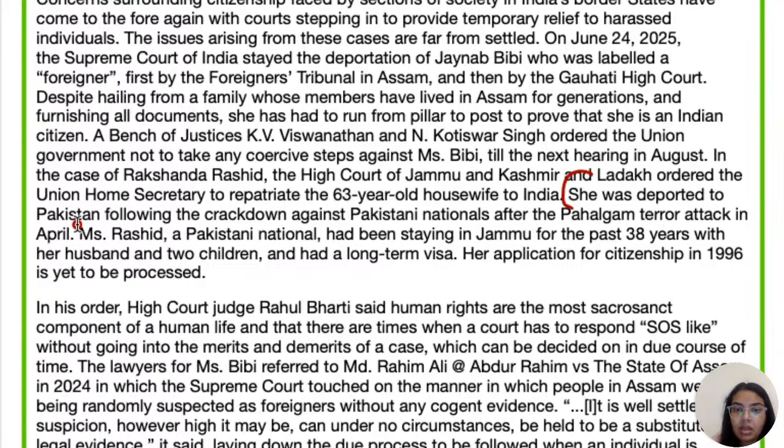Tell me the voice and tense used here. Voice and tense used in the sentence I have highlighted.